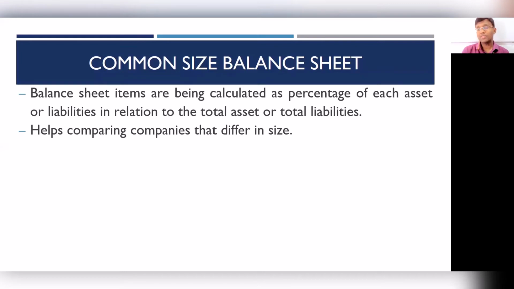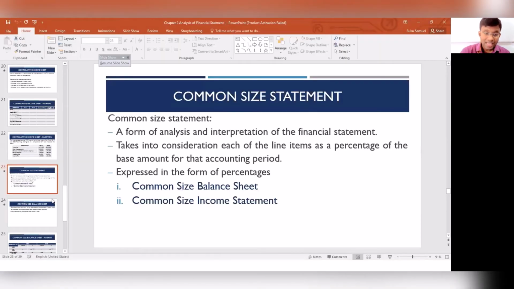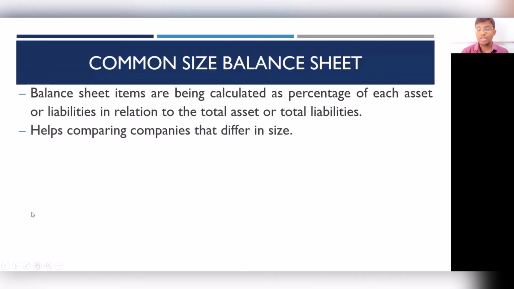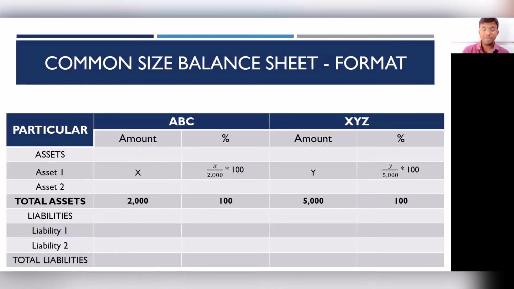It will help you compare companies which are of different sizes, of different scale. I just gave you the example of Reliance Retail with your neighborhood grocery store. In order to bring them both to a common scale, preparing the common size balance sheet will help you. Now we will be looking at the format of the common size balance sheet.